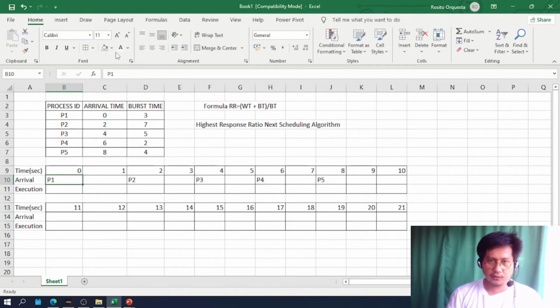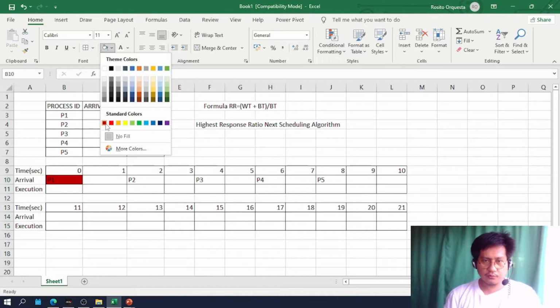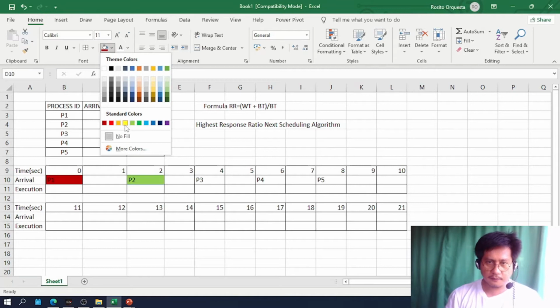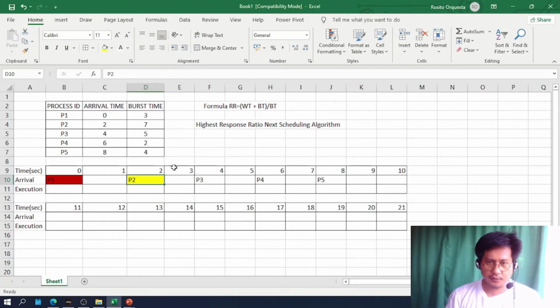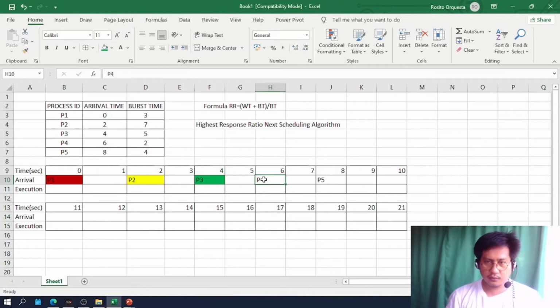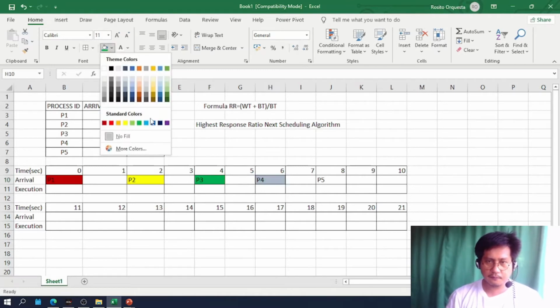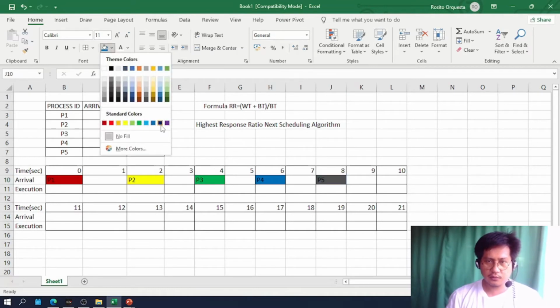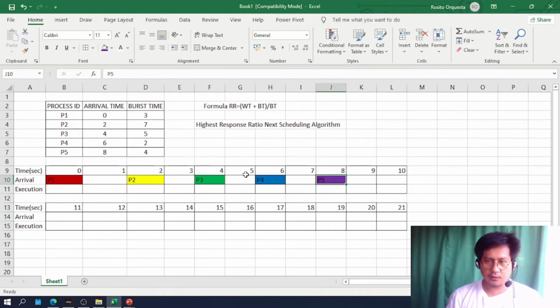Now to make it more visual, we'll put a color on each of the processes. Red, yellow, this one will be green, P4 will be blue, and P5 should be that one.